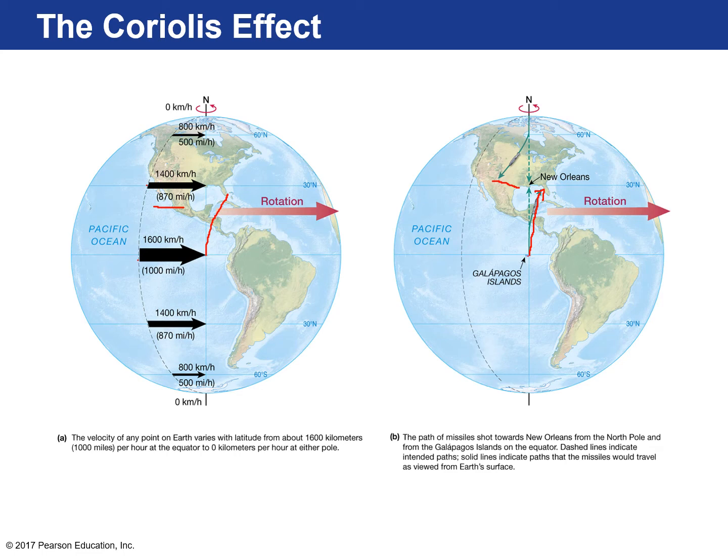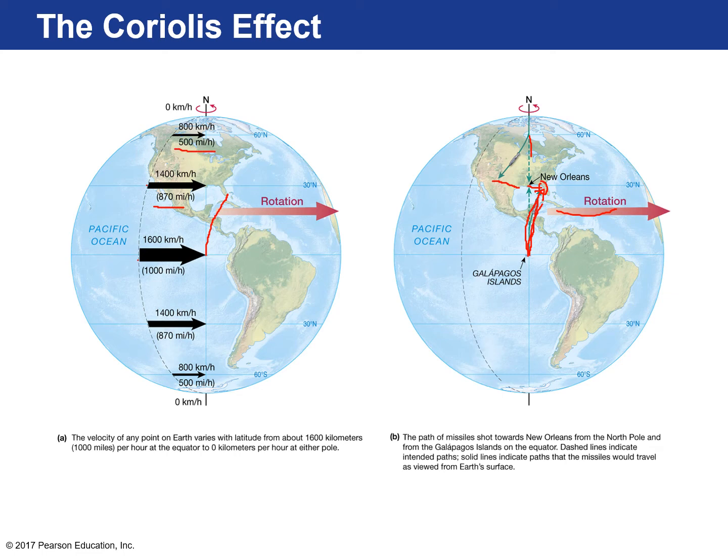So it's almost like you could launch the missile and then it can hang out up in the air for a while and wait till New Orleans rotates into the spot where it's supposed to land. Kind of understand what I'm saying here? So the deflection is to the right, okay? But if a missile is flying southbound, the Coriolis effect is greater because it's closer to the poles, and say you're launching from northern Canada, you're launching from an area that has lower velocity.